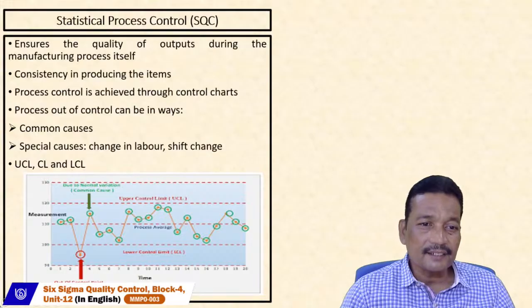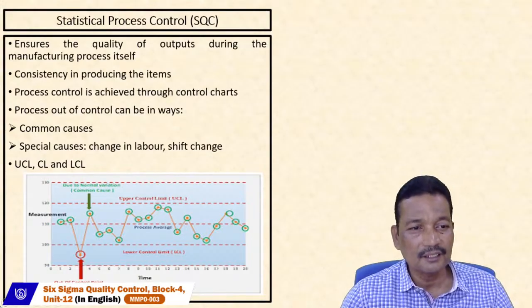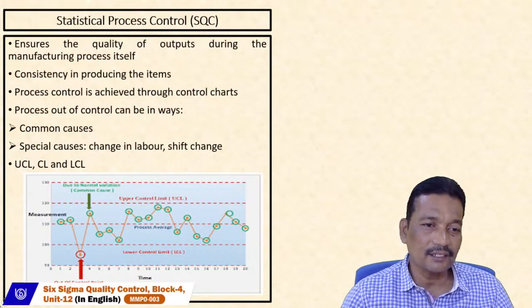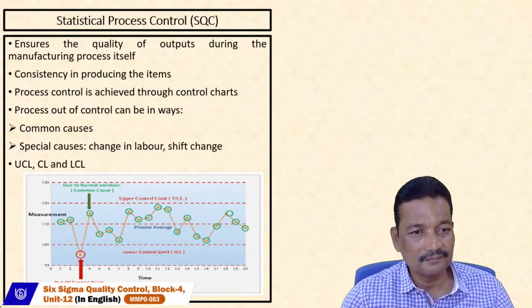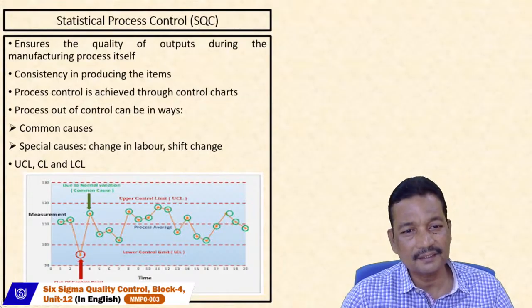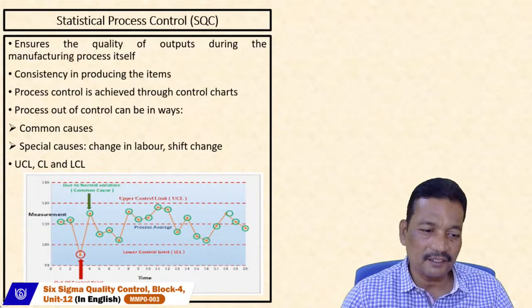A chart is there on the view of yours. You can look at the dots surrounded by green lines, our samples. All of you see, we have three lines. The central line is the process average.